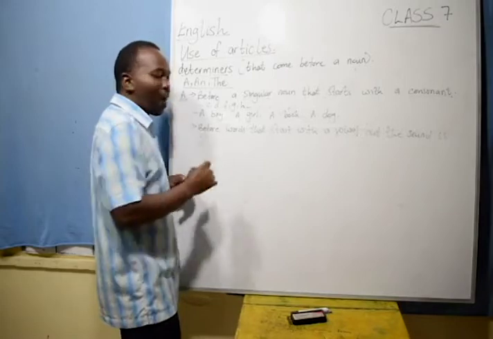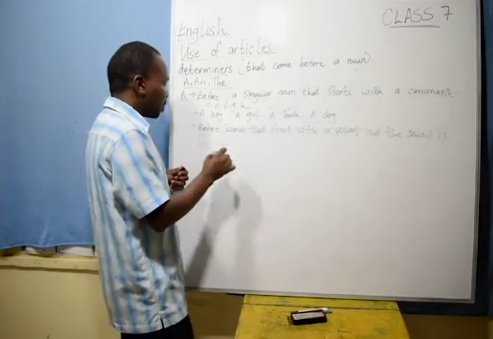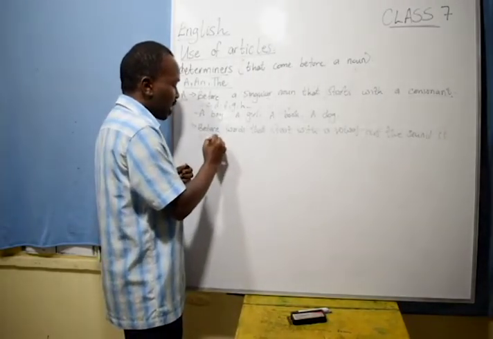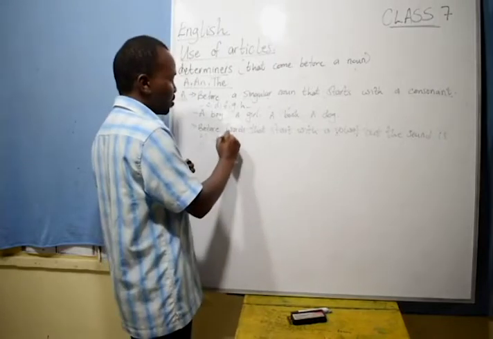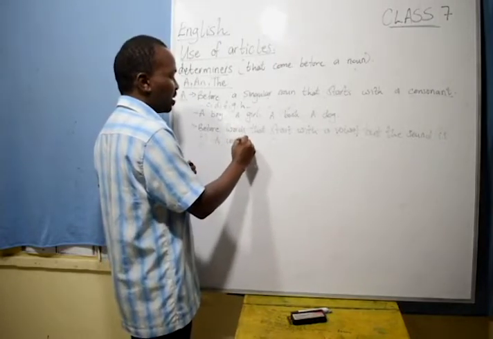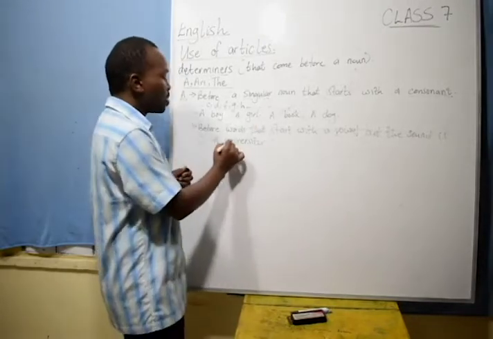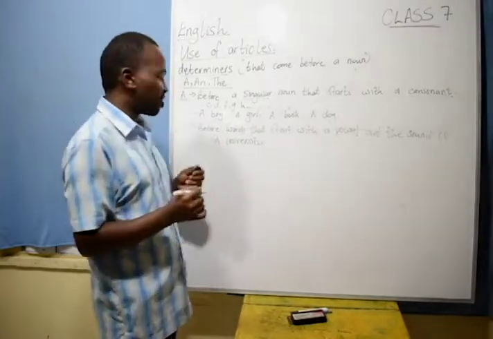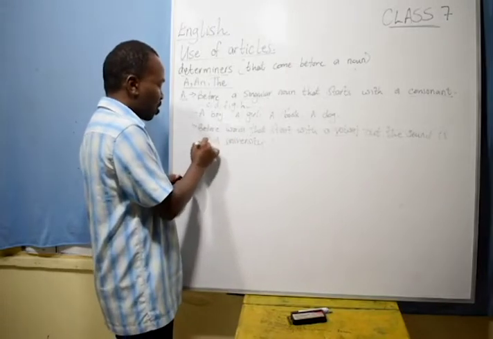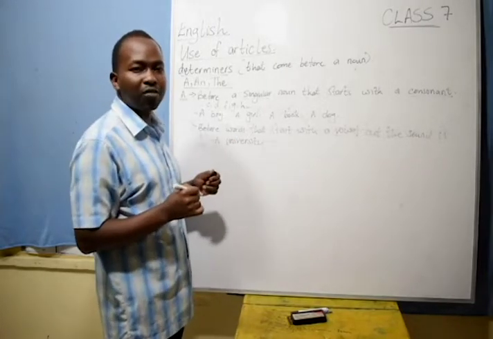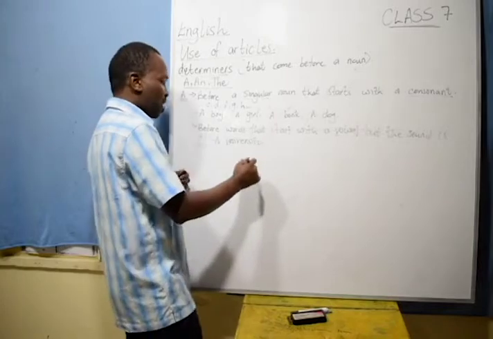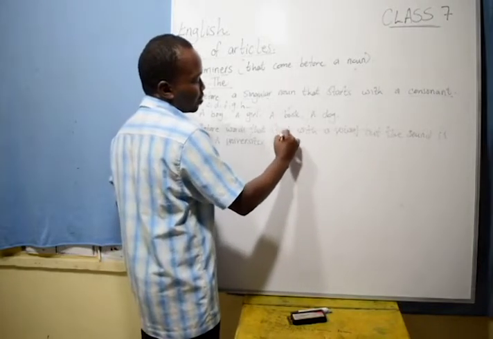An example of this is university. We don't say an university, we say a university. So there is that sound of letter Y. Then we also have another one, a European.